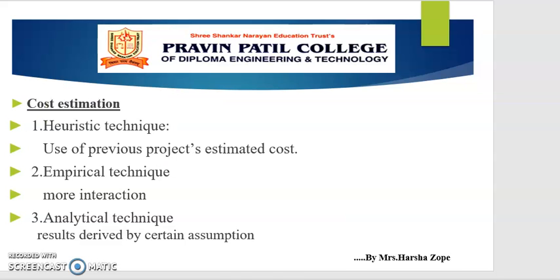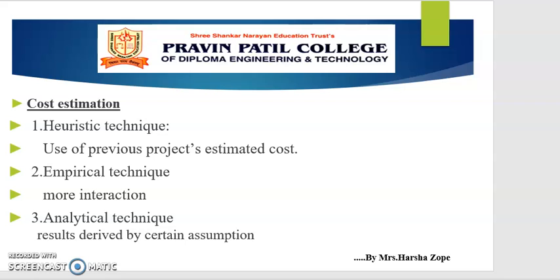First, heuristic technique. This method makes use of previous project estimated cost. This method assumes a relationship among the different project parameters. These parameters are then correlated using a suitable mathematical expression.